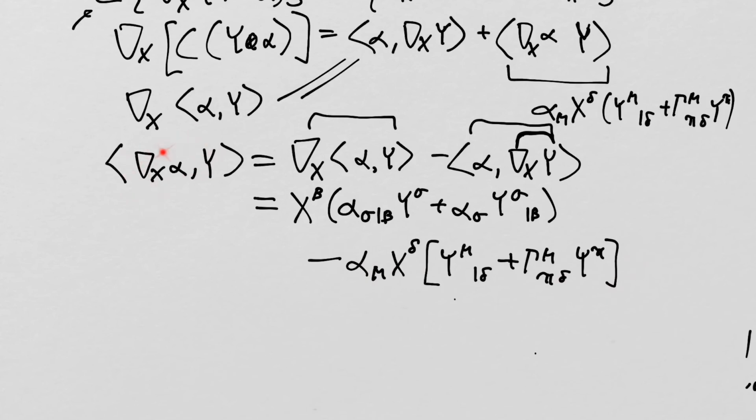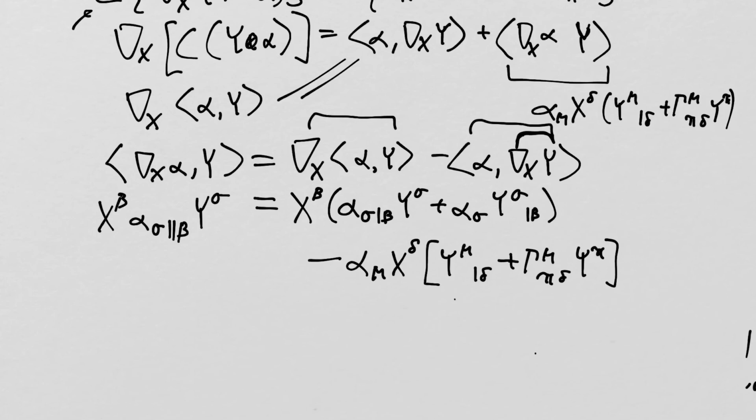So what are we going to do about this expression in comp notation? Well, we're going to have to break this down in the same way as we did with vectors. We're going to say this is x^β. Then we're going to define the covariant derivative to be α_σ ∂_β with a double line, whatever that is, and it's got to contract with y^σ, like that.